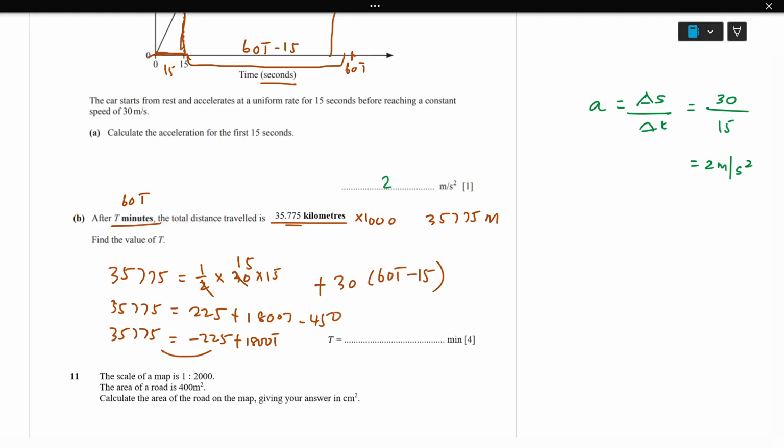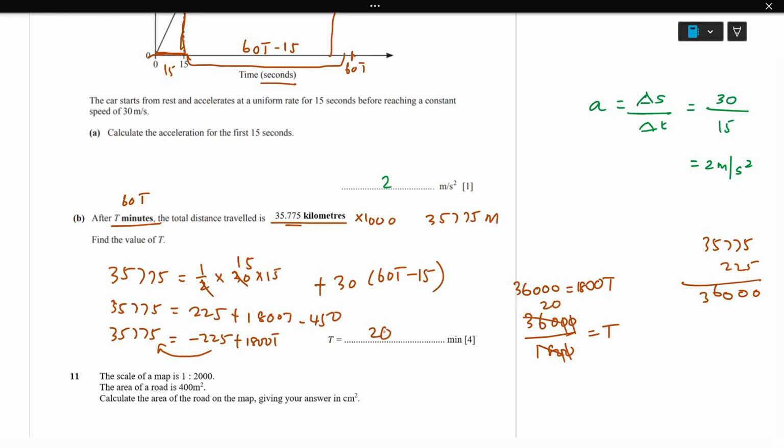Next I'll bring 225 here, plus, so 35775 plus 225 gives 36000 equals 1800t. When I bring 1800 to the other side, it becomes 36000 over 1800 equals t. Dividing numerator and denominator by 100, we get 20. So t is going to be 20.